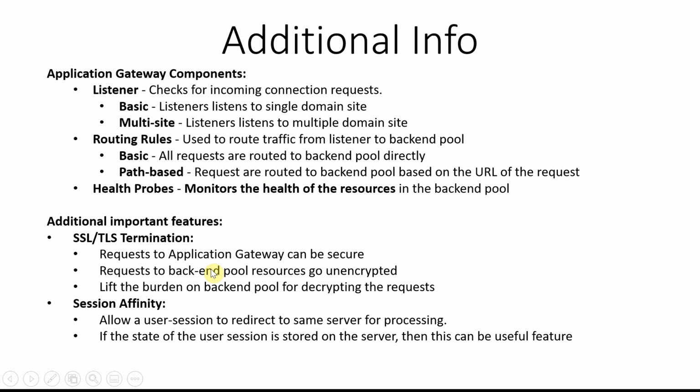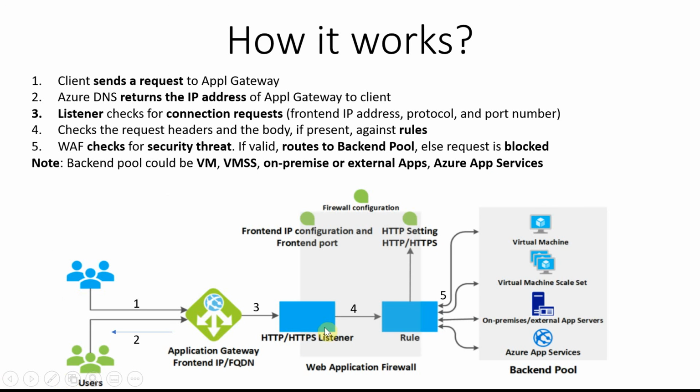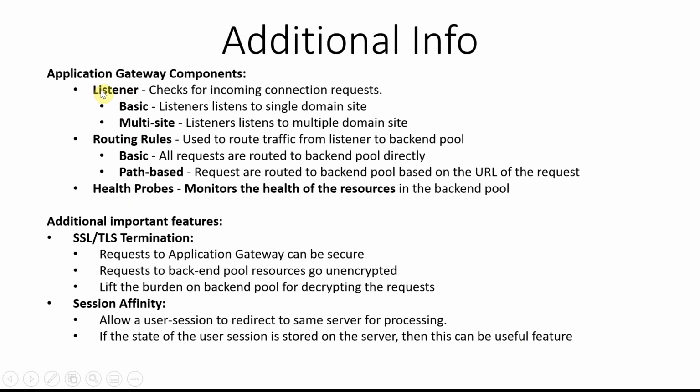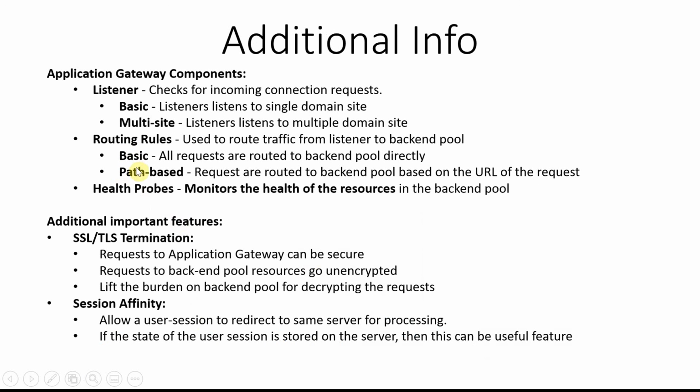Just to remember, application gateway is primarily for URI or URL based traffic, multi-site, WAF, TLS, session affinity, and auto scaling, and it applies HTTPS rules and can support multiple backend pools. The listener has basic and multi-site, and routing rules are path-based and basic, with health probes.